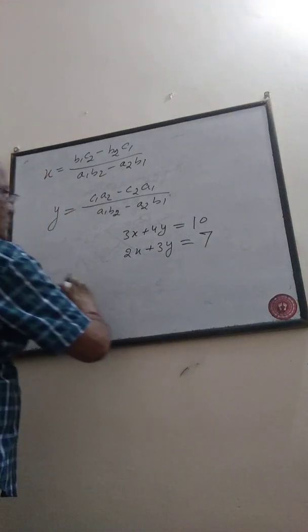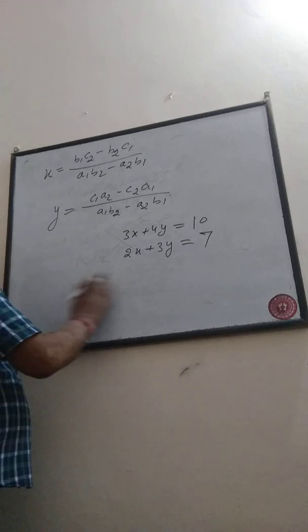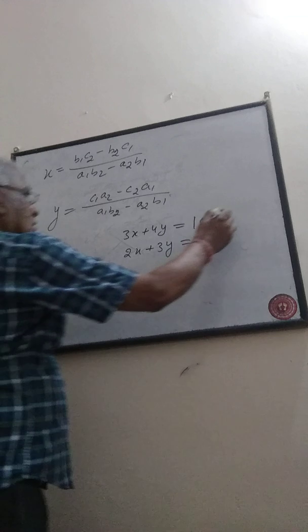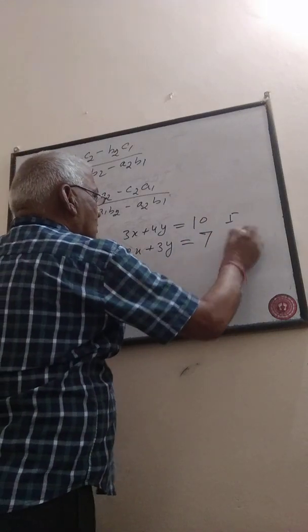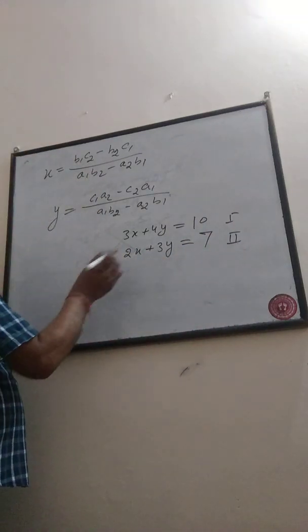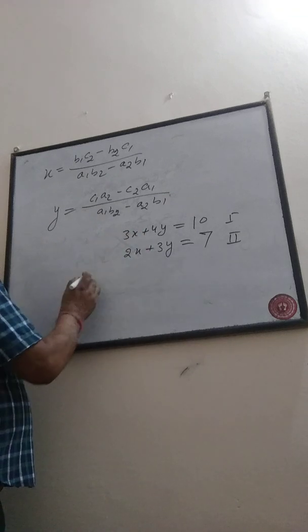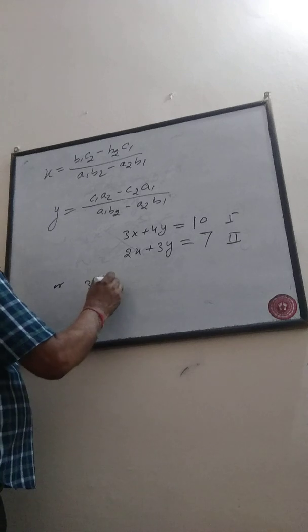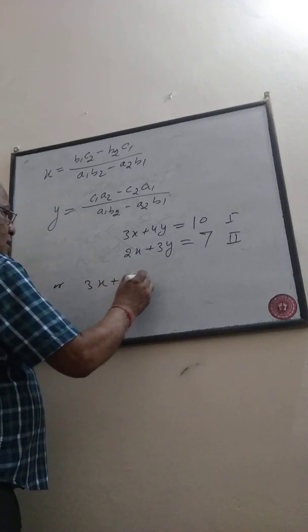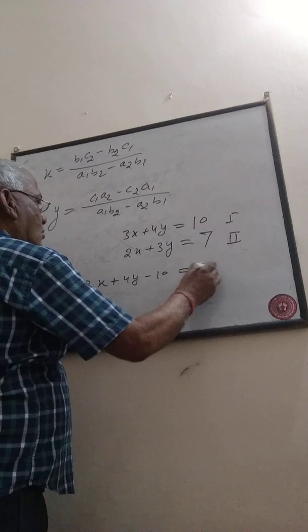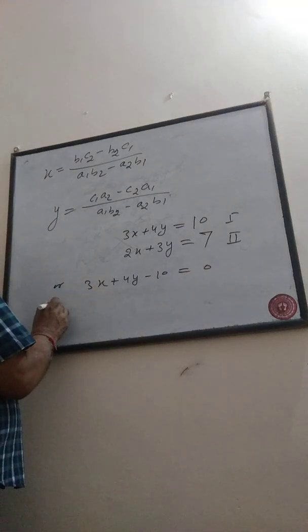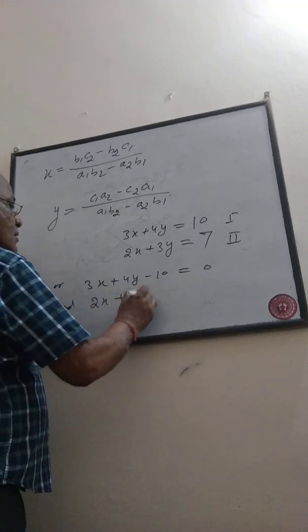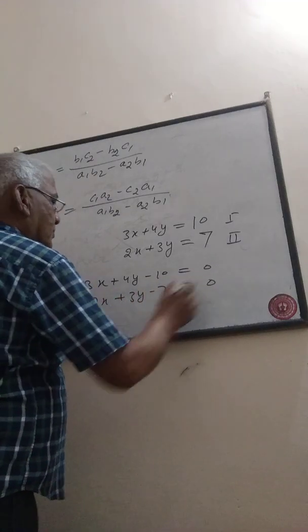Now I want to solve these two. So how will I solve it? This is the first equation, this is the second equation. For solving them, I will write 3x plus 4y minus 10 equal to 0 and 2x plus 3y minus 7 equal to 0.